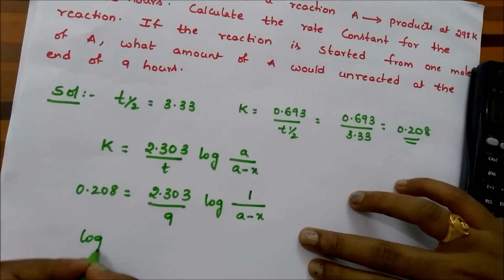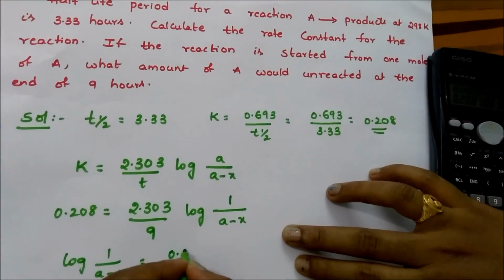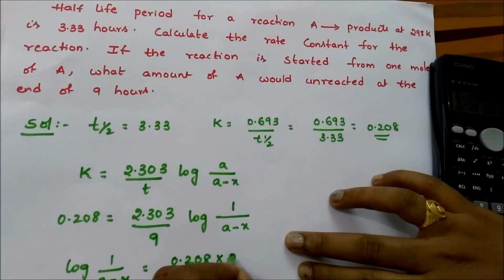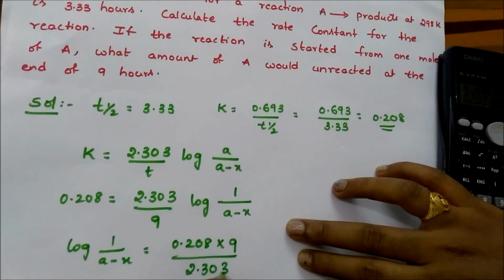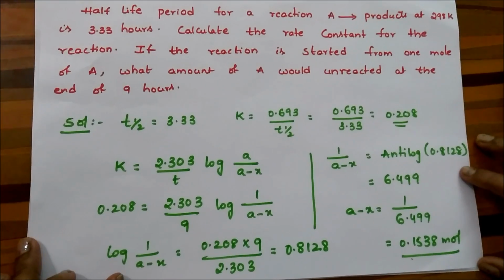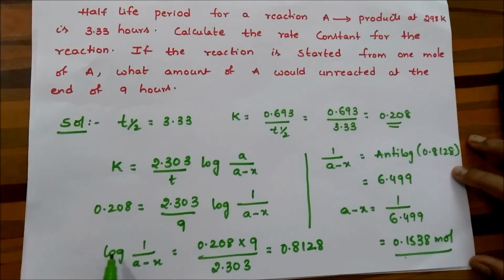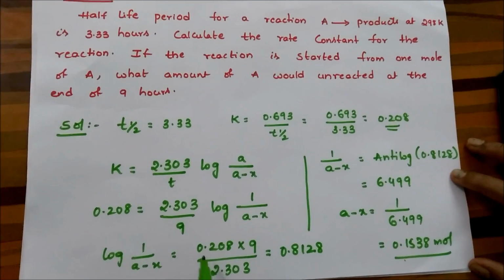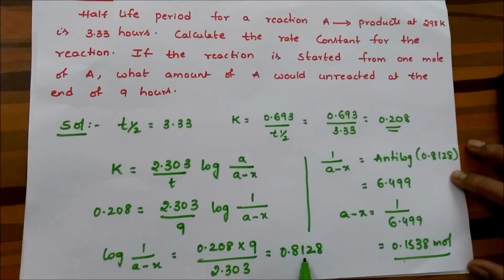Then log of 1 by A minus X is equal to, just move this term to this side, 0.208 into 9 divided by 2.303. Find this one. We get 0.8128.